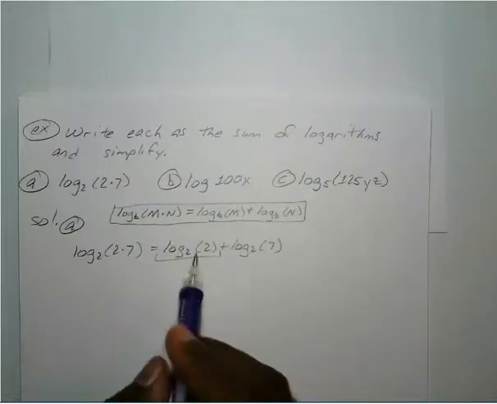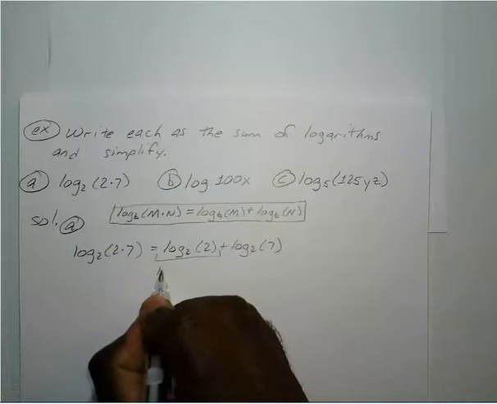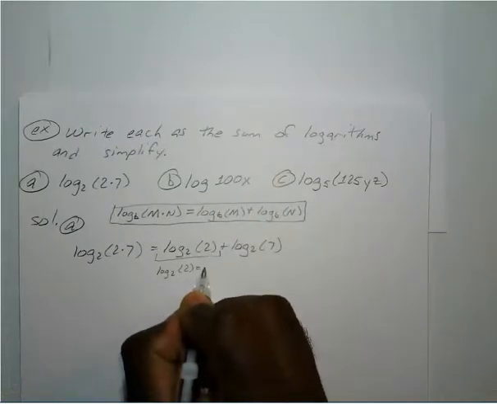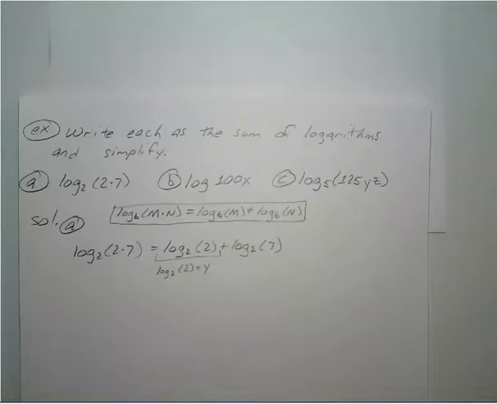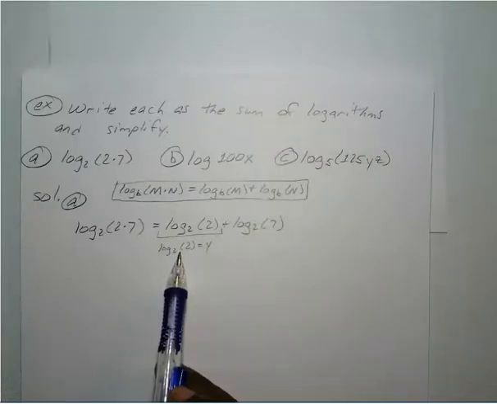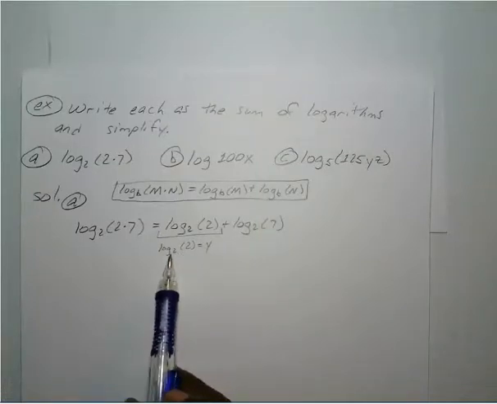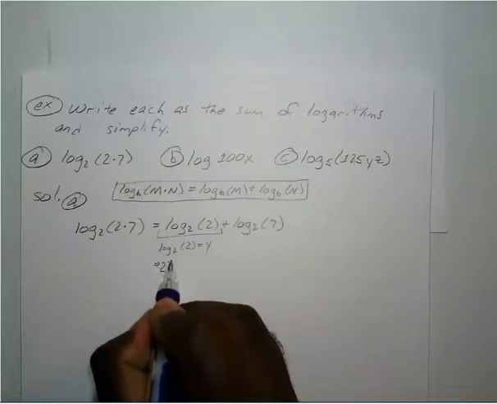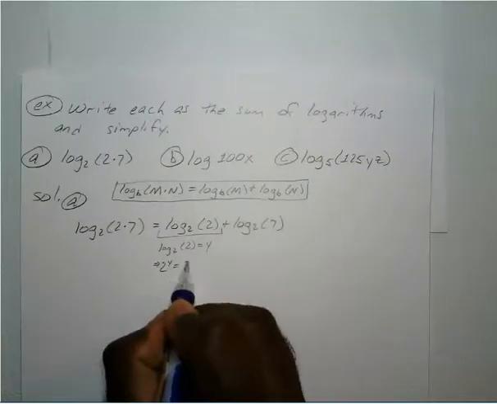If we simplify this, we can rewrite it as log base 2 of 2 equals y. From logarithmic form, we can convert that to exponential form: 2 to the power of y equals 2.